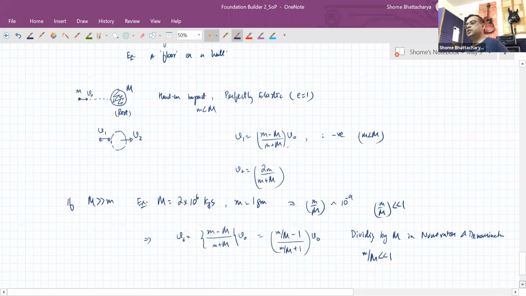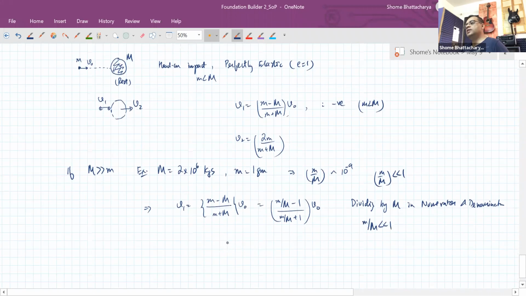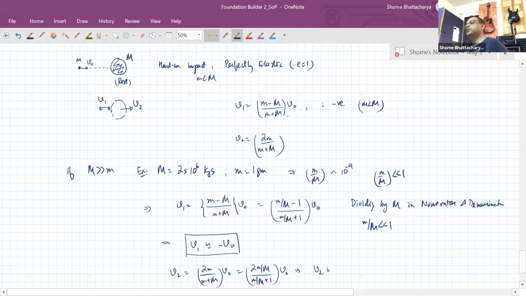So we can say that this v1 becomes approximately equal to minus v0. And v2, which was 2m upon (m1 plus m2), by the same process, it becomes like this. So v2 tends to 0.